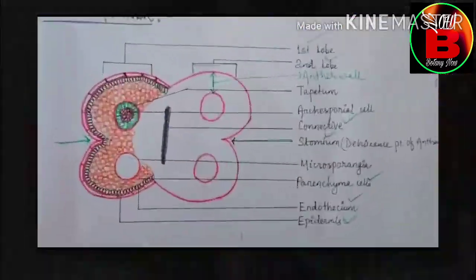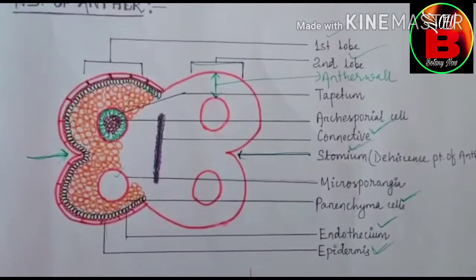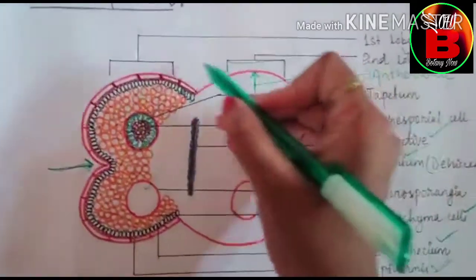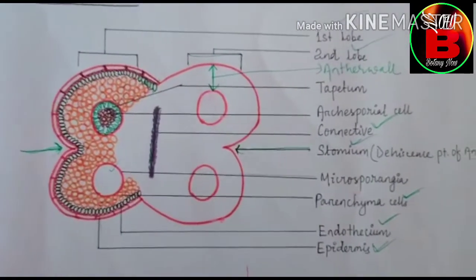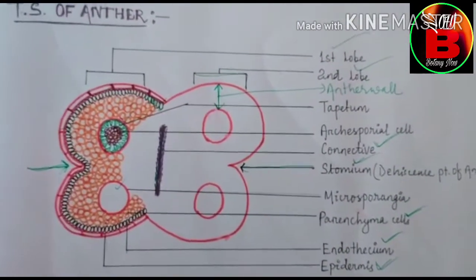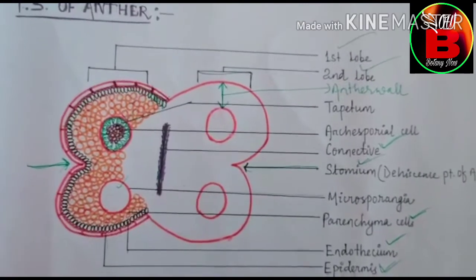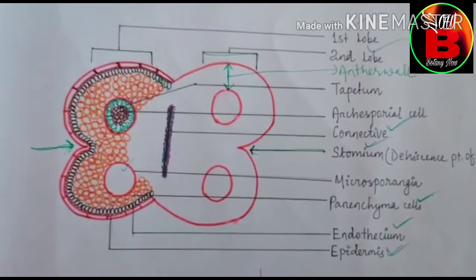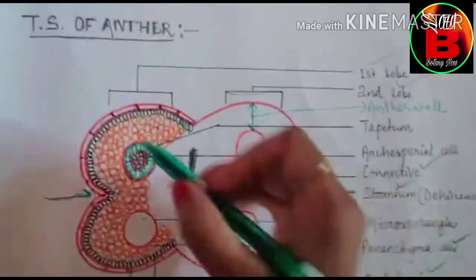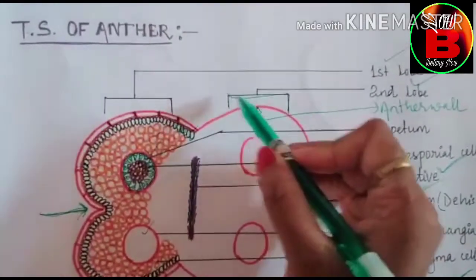When we draw the transverse section of anther, we see this type of structure. We have already discussed the anther has two lobes, and these two lobes are connected by a sterile tissue called connective. So this is the first lobe and this is the second lobe.